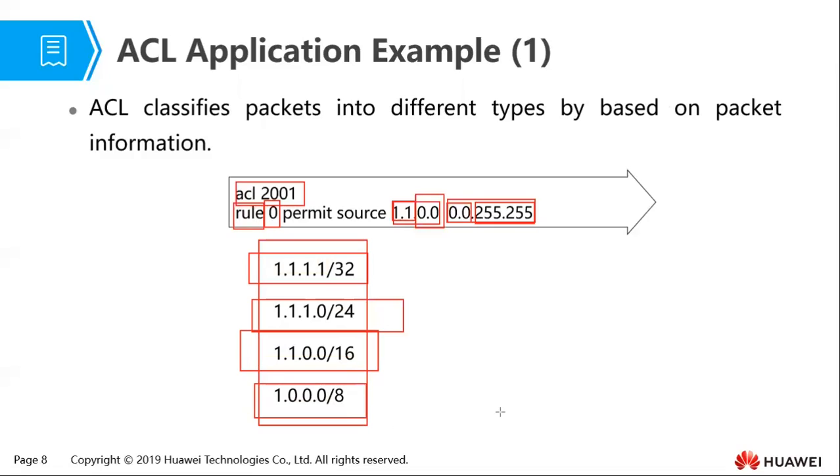Which one? The third one. With 1.1.0.0/16. What about the second one? Will the second one be allowed? I think also the second one. A and D won't be permitted.